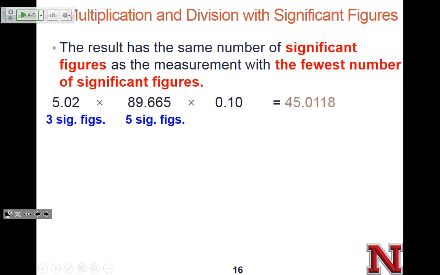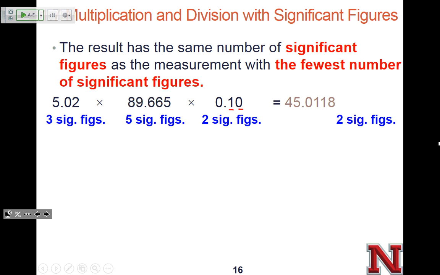This one's going to be my most precise measurement, my most certain, but my actual measurement can only be as good as my least certain. This one only has 2. This is a leading 0, remember that one's not significant, but we do have a trailing 0 after a non-zero number, after a decimal place, so these 2 are significant. I'm going to underline them so when you're looking back.